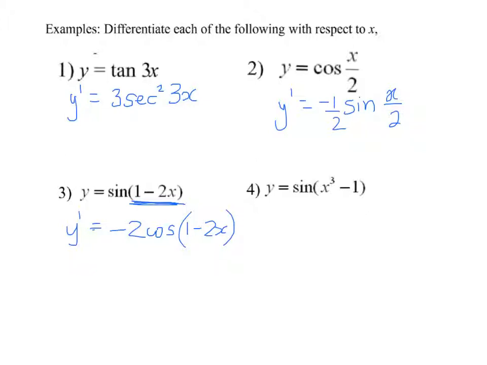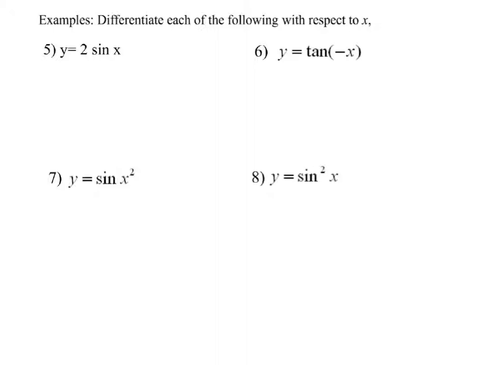Now next example here, f of x is x cubed minus 1. The derivative of x cubed is 3x squared. The derivative of sine is cos, and you'll keep that function exactly the same. Okay, starting to see the pattern here.